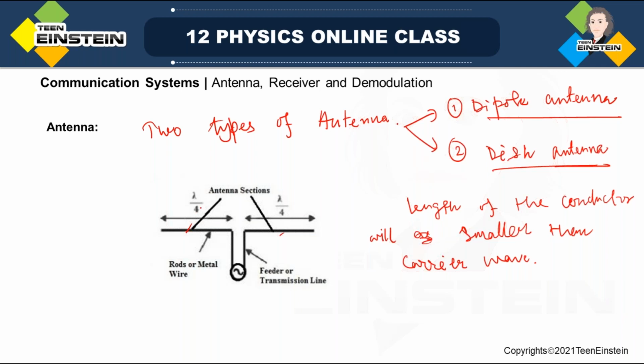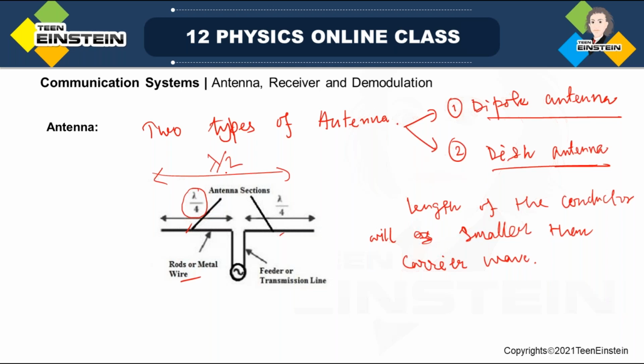So you can see here the two conducting wires, which are called rods or metal wire. This is also the feeder or transmission line. Each conducting rod has a length of lambda by 4, and as a whole the length of the antenna will be lambda by 2. This is the minimum length you require.